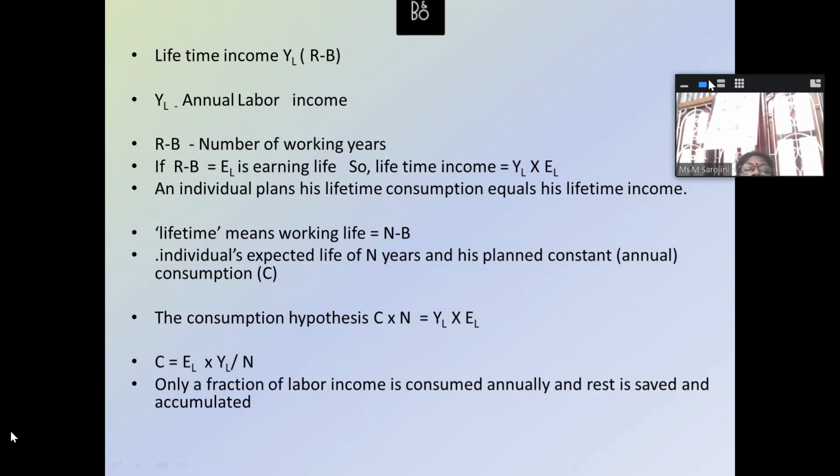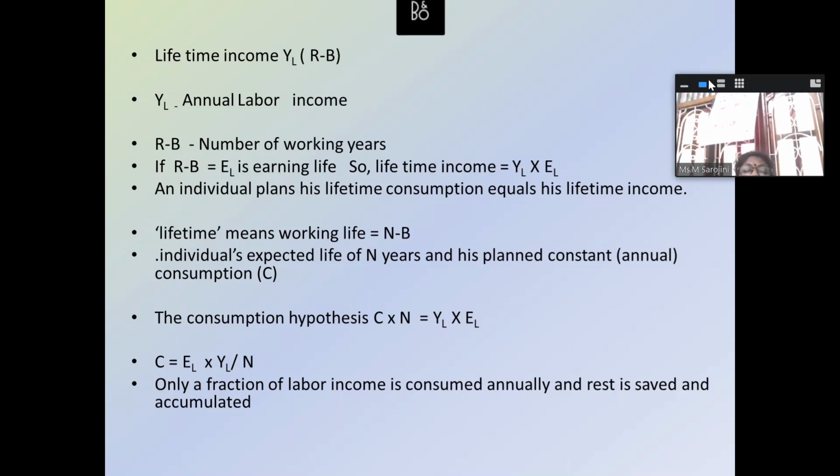Again, here the lifetime income is YL into R minus B. YL is the labor income and R minus B is the working years, how many years you're going to work. This R minus B, the working years, is also called EL, the earning life. The lifetime income is equal to earning life into annual income.